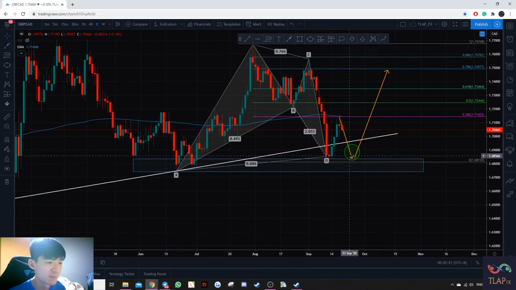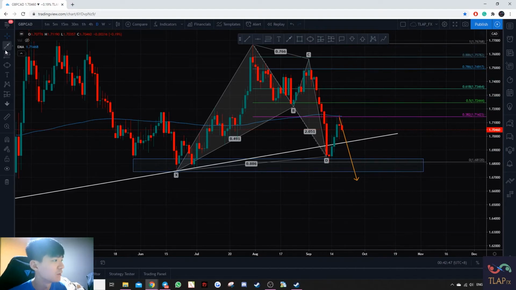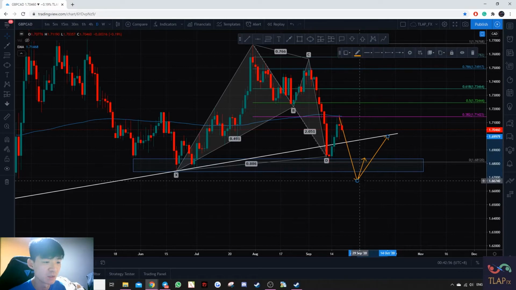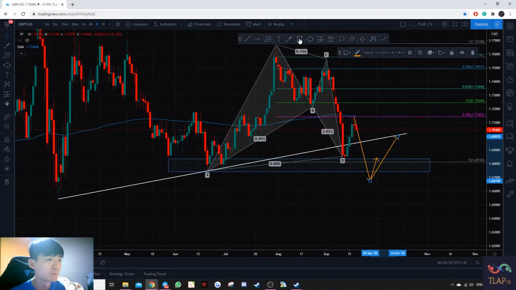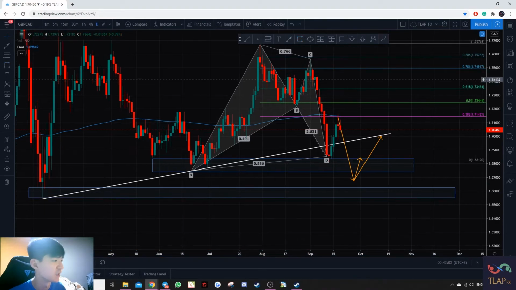If prices can break this support level, look for a retest onto this level, or also you can wait for a retest onto the trend line for a better entry and look for take profit onto this level over here for selling.